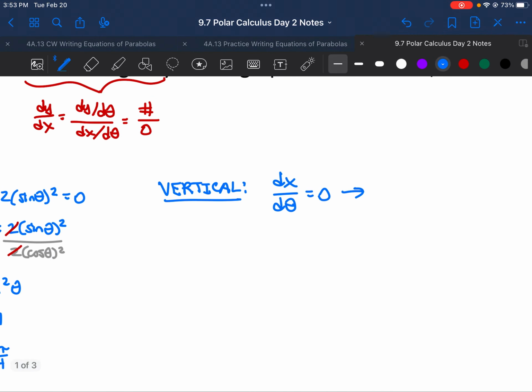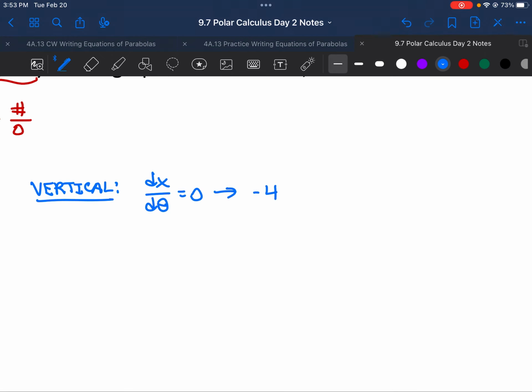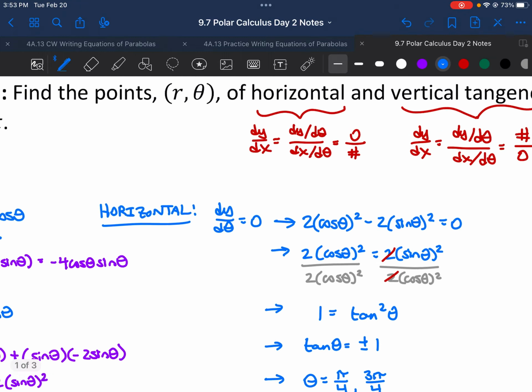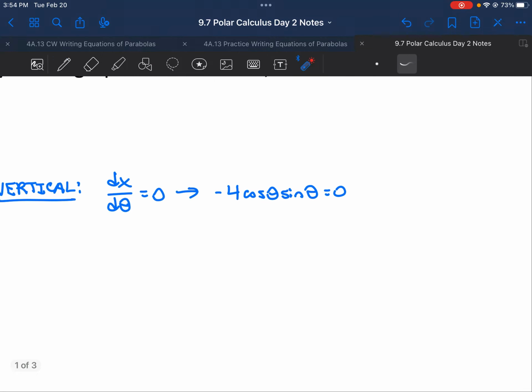So saying we want to find where dx/dθ is equal to 0 is the same as saying when negative 4 cosine θ sine θ is equal to 0. Okay, well, on the interval from 0 to π, again, it's 0 to π only, if either cosine or sine is 0, then of course their product is going to equal 0.